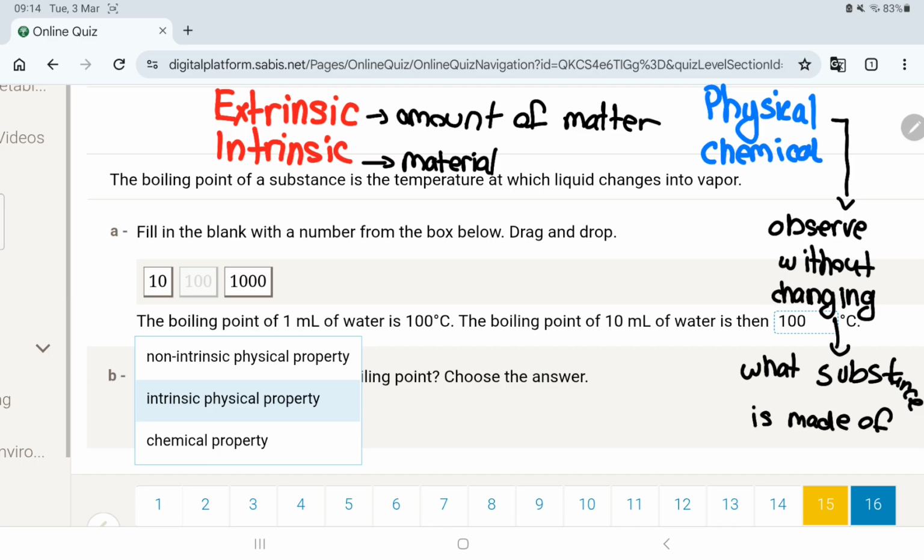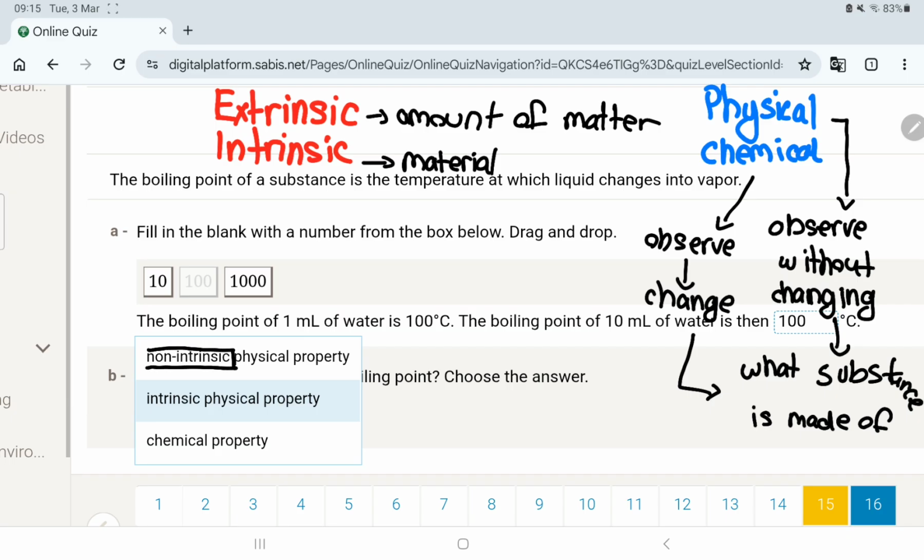Okay, now chemical, you observe it also, but you change what the substance is made of. Okay, so now let's see what we can do.